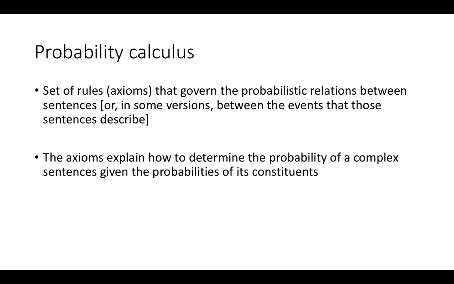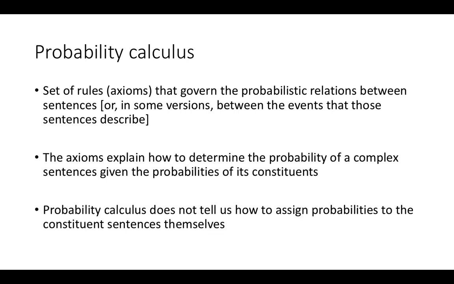It tells you how to determine the probability of a compound sentence given the probability of the more basic sentences from which it's built up. Moreover, just as propositional logic does not have anything to say about how to determine the truth values of atomic sentences, the probability calculus is silent on how the original probabilities are assigned. What the probability calculus tells us to do is how to combine probabilities.